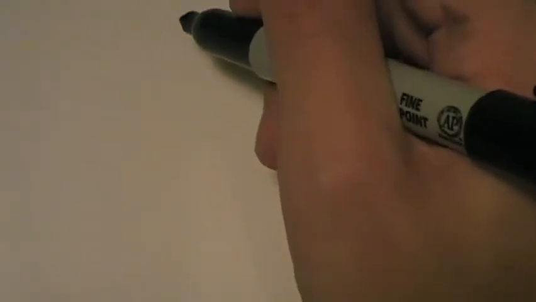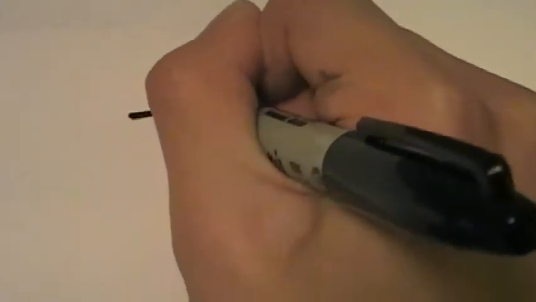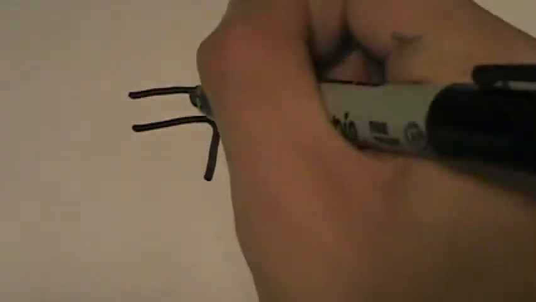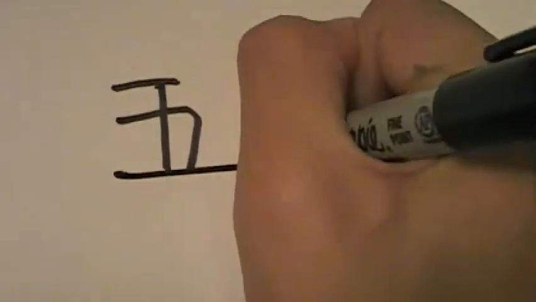And following that is our third tone, which is denoted by a half check mark. We'll use the example of 5. This is the 5th number, or 5 in Chinese.